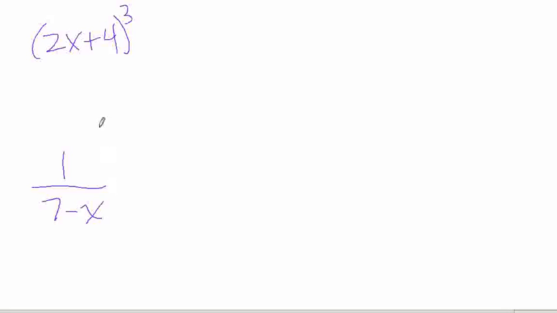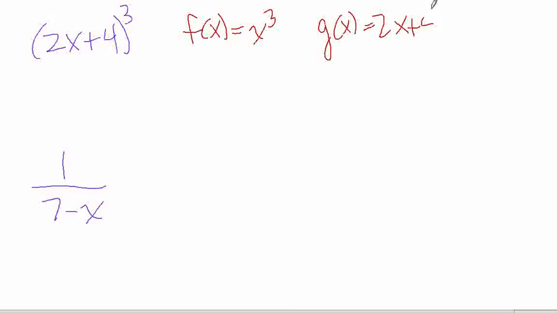All right, so for the first expression, the outer function, the outer layer of the onion is x cubed. What are we cubing in the first function? Can you see that we're cubing 2x plus 4? So 2x plus 4 is the inner function, or the g. Okay, in the last one, the outer function, the f function, you can interpret it as 1 over x, the inverse function.